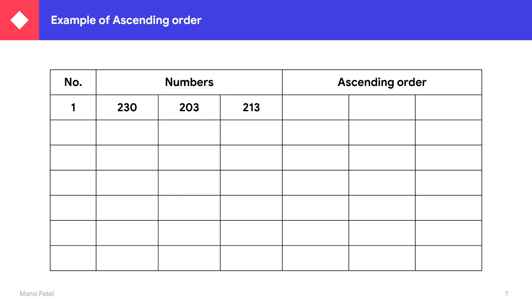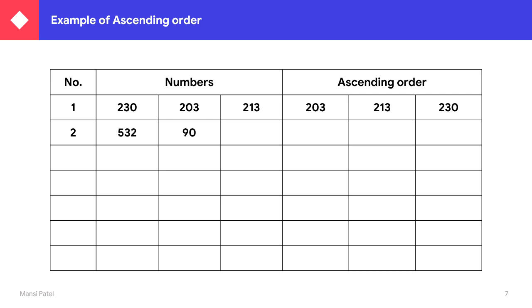From this, see first which one is the smallest number. 203 is the smallest, so write it down first. Then of the rest, 230 and 213, which one is the smallest? 213. And then which one is left?